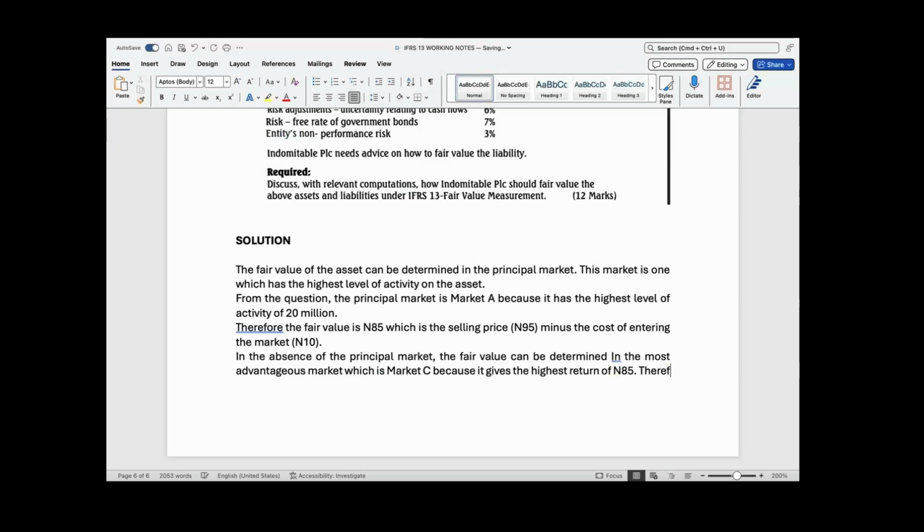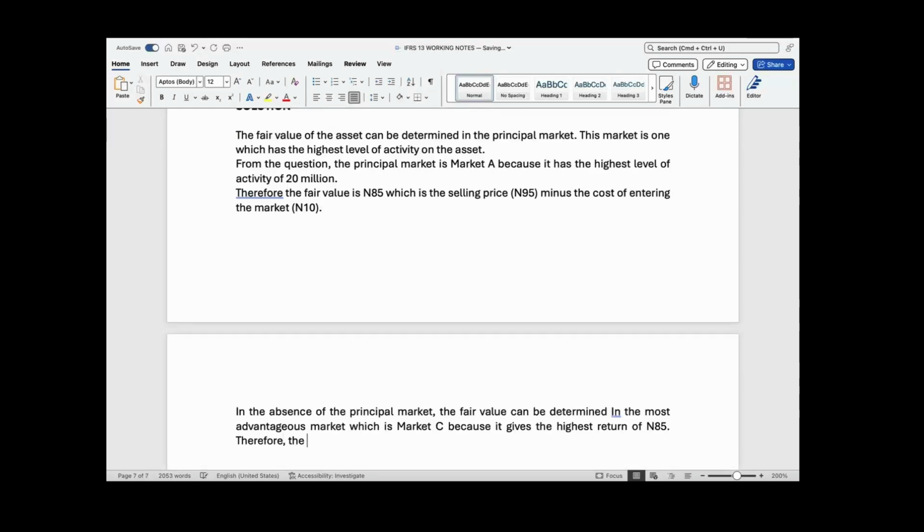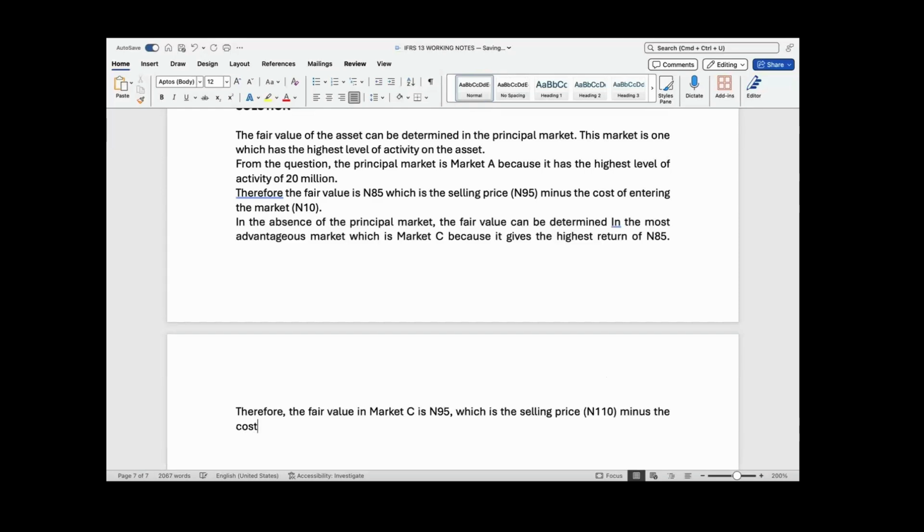Therefore, the fair value in market C is 95 naira, which is the selling price 110 minus the cost of entering the market.